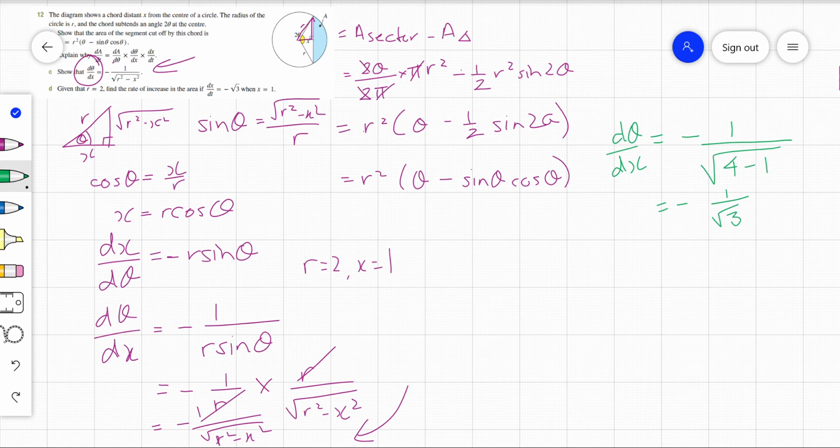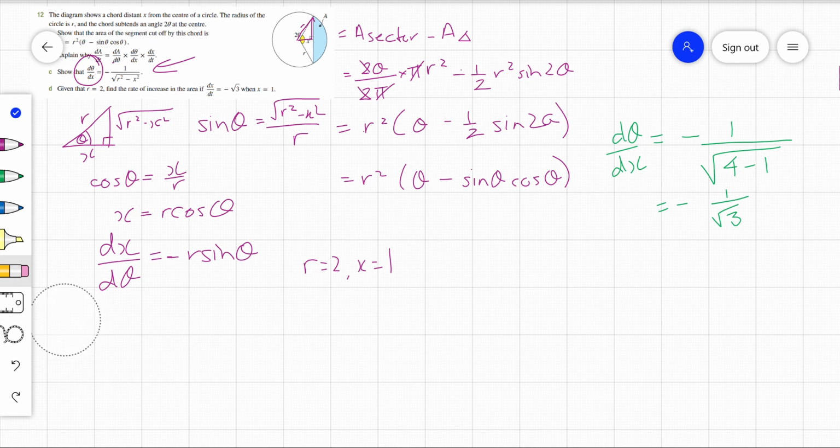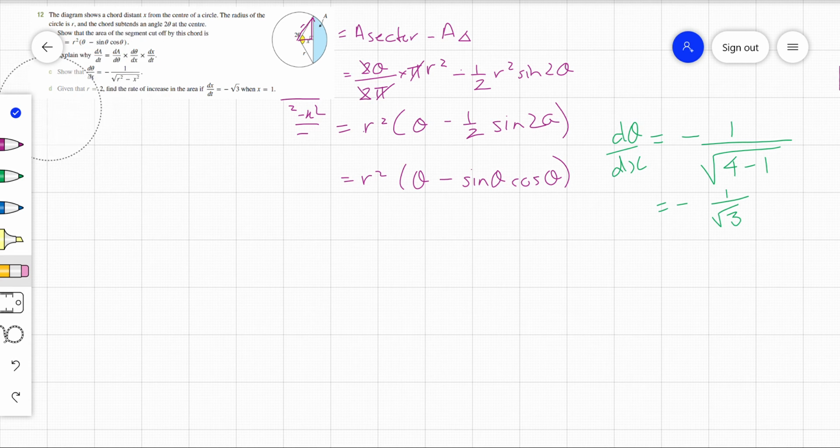Okay, so I'll rub that out now, I think. Well, that was my dx to theta, but anyway, that's fine, we can figure that out again.